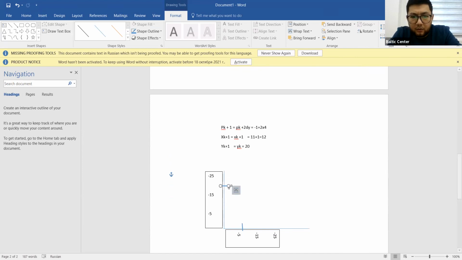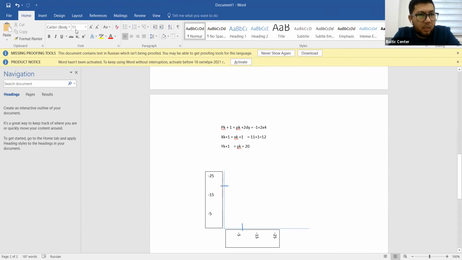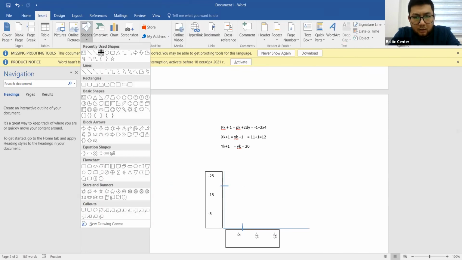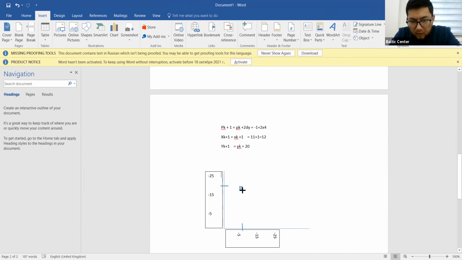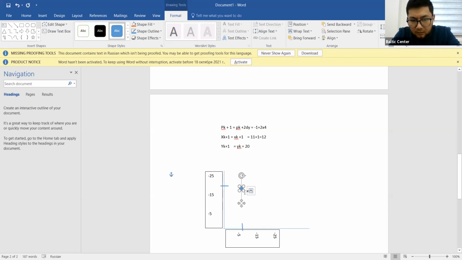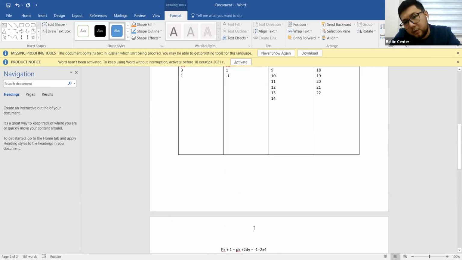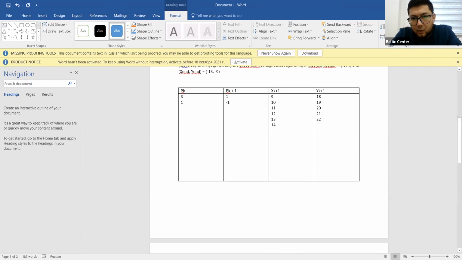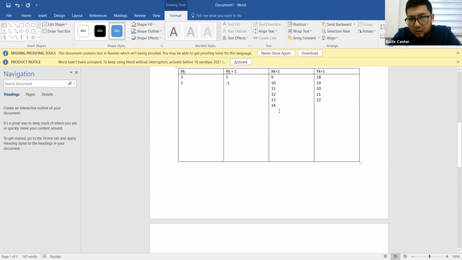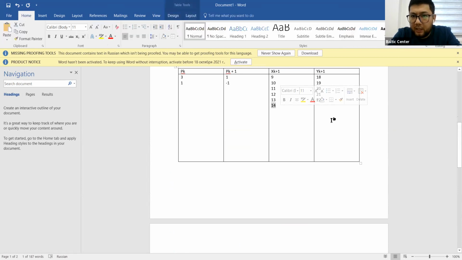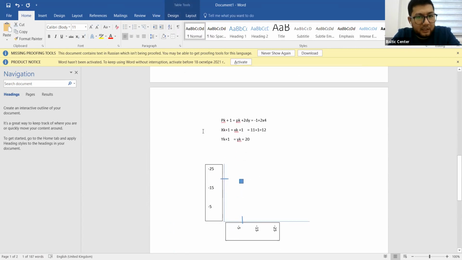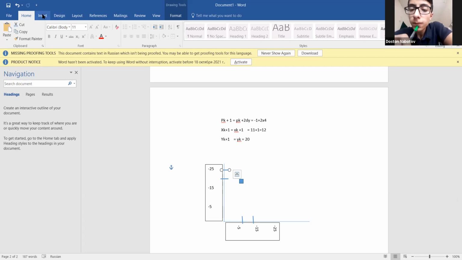So I started drawing from this line, from somewhere here, until I have 22 here, the ending point. So my x-axis ends at 14, and my y-axis ends at 22. So imagine the 14 would be somewhere here, and 22 would be somewhere here. Am I correct? So my line is supposed to be drawn. It's not that much of a line actually, but still.